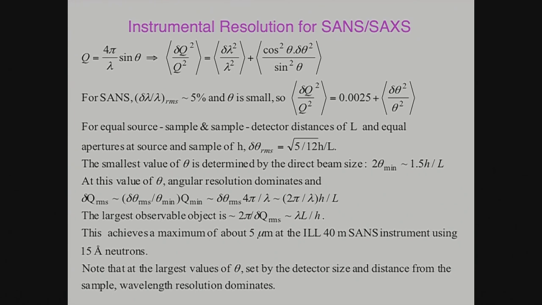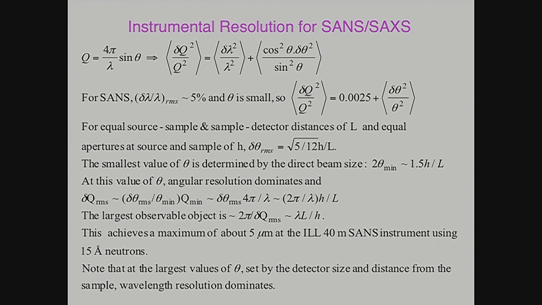Another way of saying that is that you can't get the resolution on the detector, right? So when SANS instruments were first built back in the 70s, the best resolution that you could get on a position-sensitive detector was about a centimeter, and so you were constrained by the size of the pixel on your detector to have something about a centimeter.